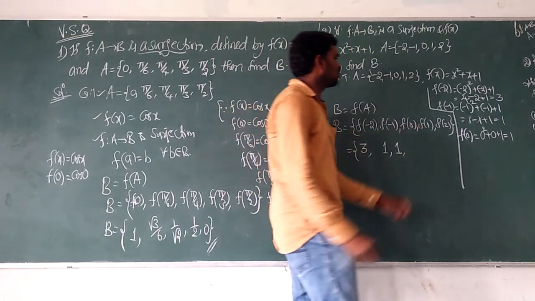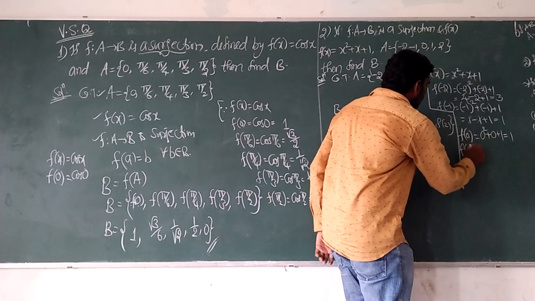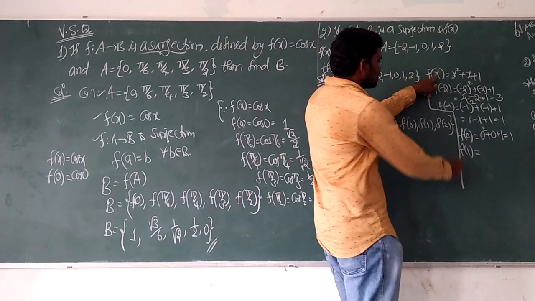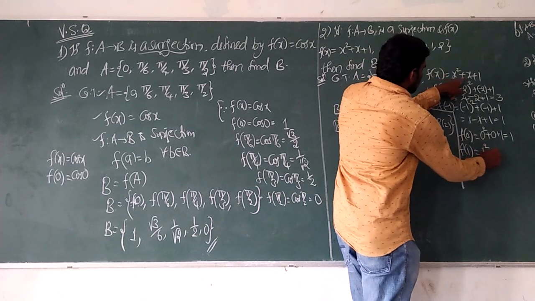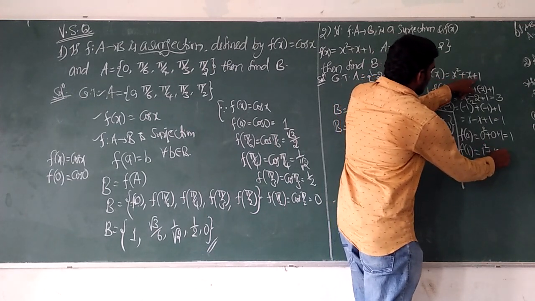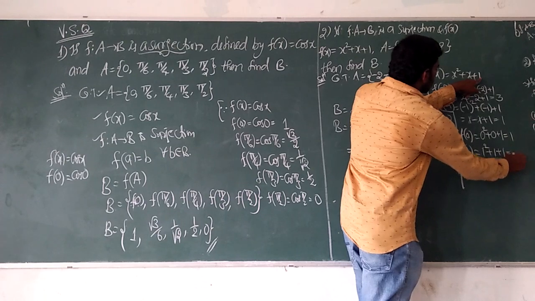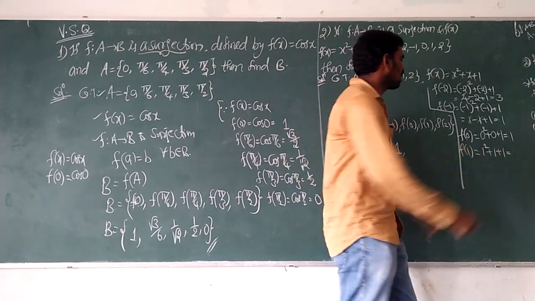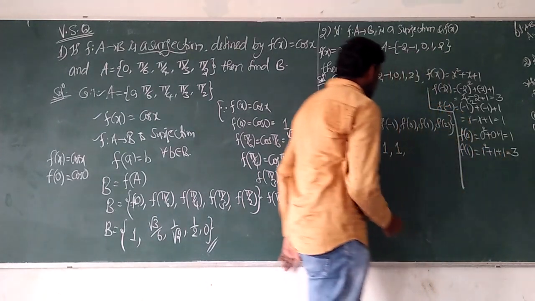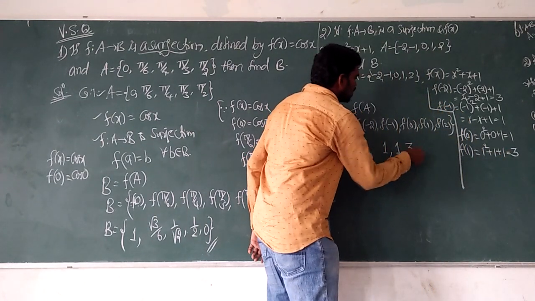Next, find f of 1. In place of x, substitute 1. So 1 square plus 1 plus 1. 1 square is 1 into 1, so 1 plus 1 plus 1 is 3. So f of 1 is also 3.